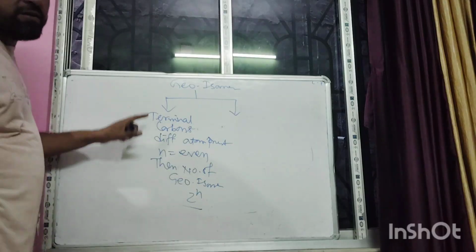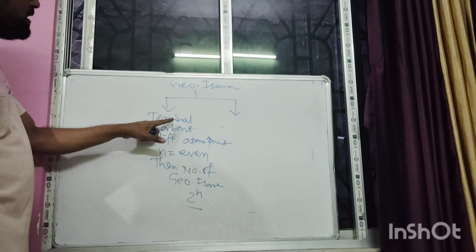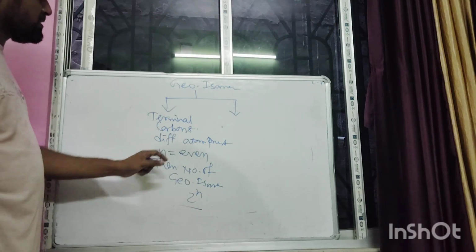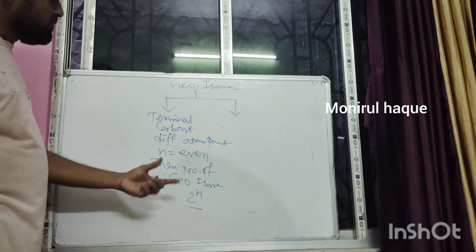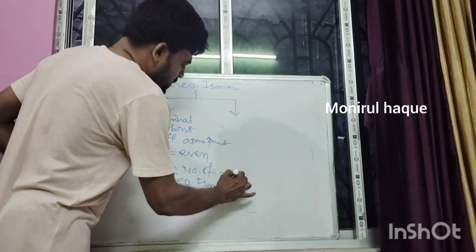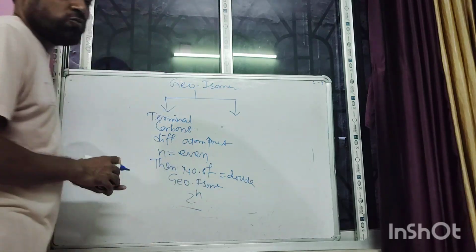You have to understand these lines. Terminal carbons are different, and n is an even number of double bonds, so the number of geometrical isomers is 2 to the power n.